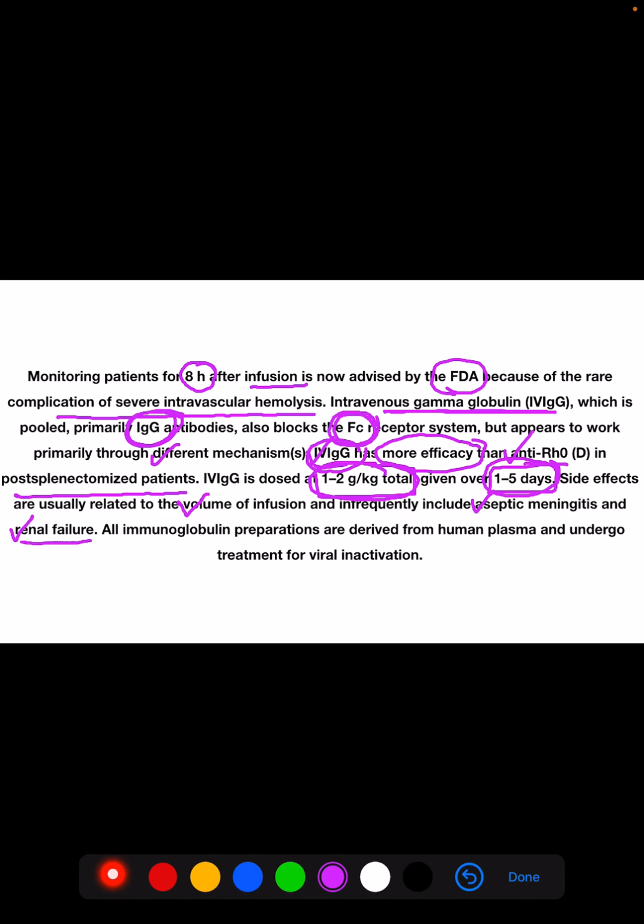All immunoglobulin preparations are derived from human plasma and undergo treatment for viral inactivation.